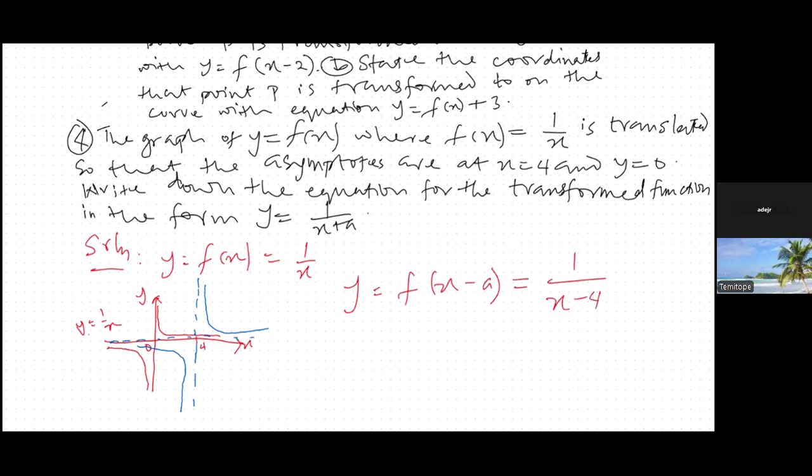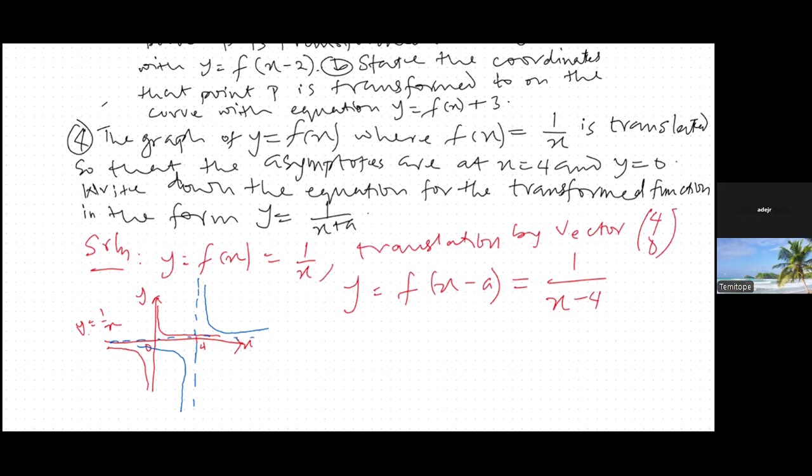Am I communicating? So in other words, the translation given to you from mentioning this asymptote, that the asymptotes are at x equals 4 and y equals 0, means that there is a translation by the vector (4, 0), because the translation actually takes place in x.